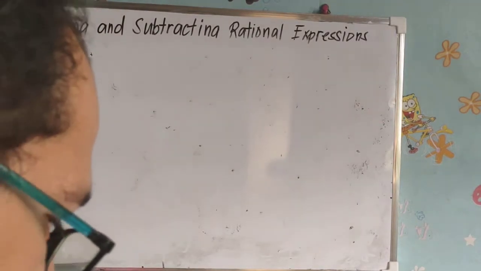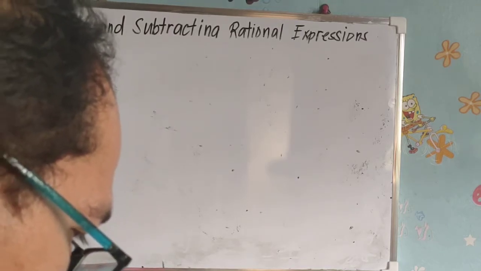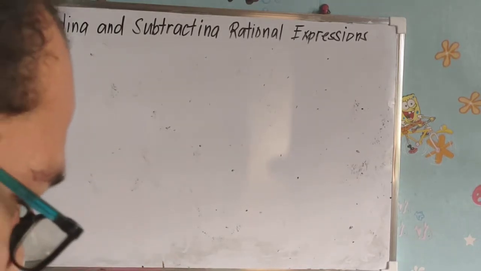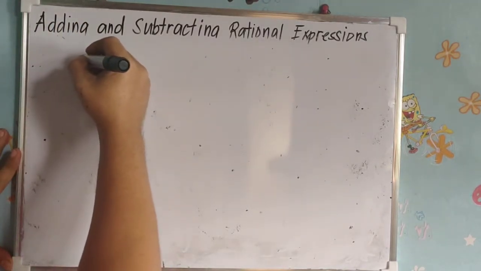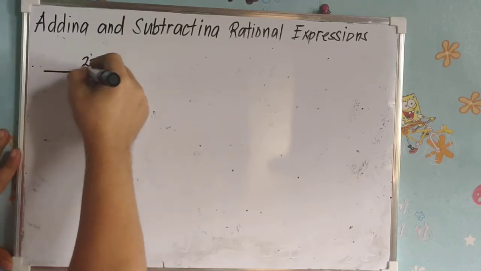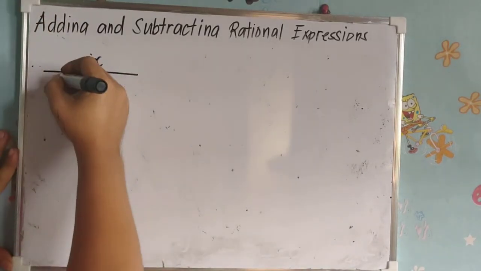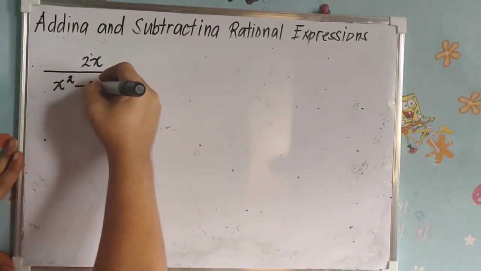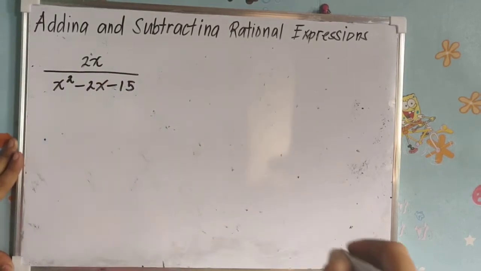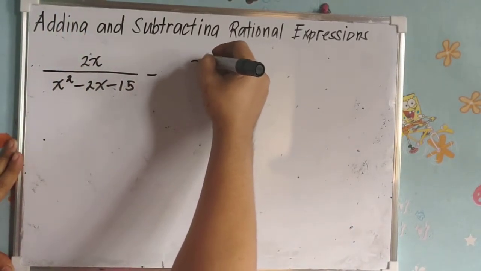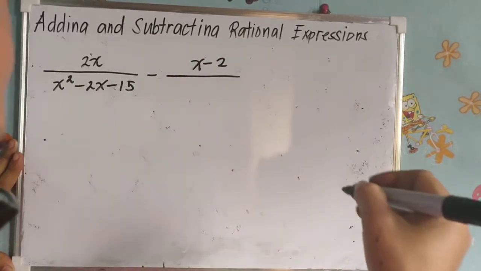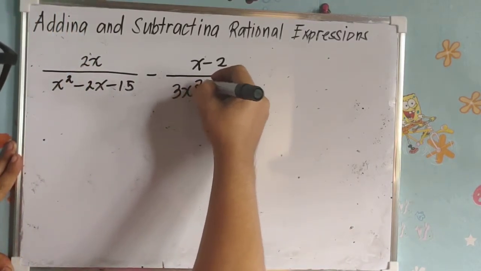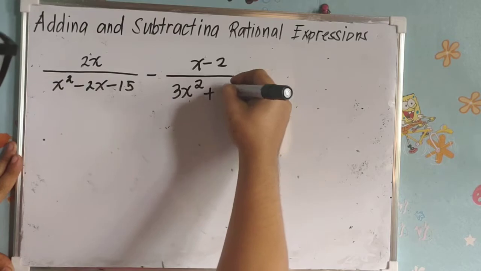Next one we have, the last one maybe. We have 2x over x squared minus 2x minus 15, minus x minus 2 all over 3x squared plus 9x.